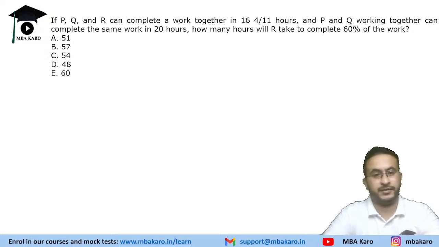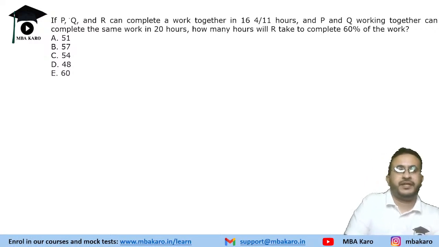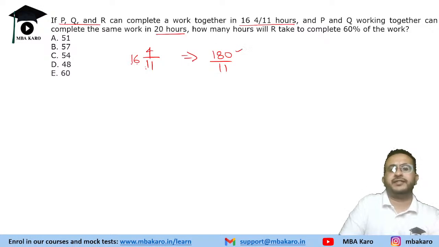So you have to find for R. So P, Q, R take 16 4 by 11 hours. Let's take 16 4 by 11. 11 into 16 is 176, so 180 by 11. Okay. So they are taking 180 by 11 hours and these are taking 20 hours.